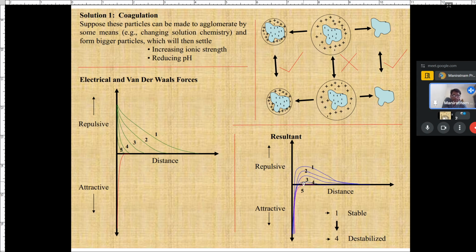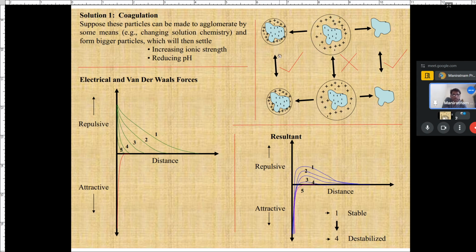As soon as we start bringing the particles together, the repulsive force will decrease, and the attractive force in the form of van der Waals force will start acting. Initially the particles were all around the system.